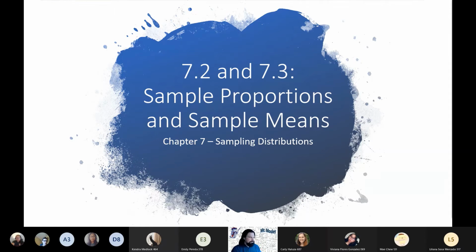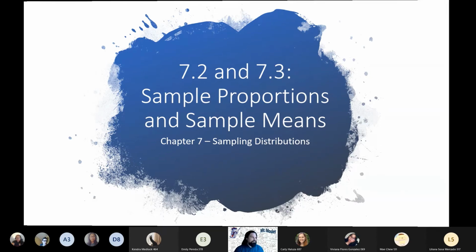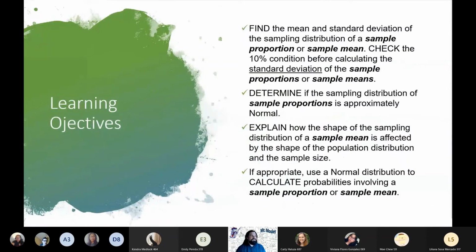All right, so sections 7.2 and 7.3, that is on sample proportions and sample means in chapter 7 about sampling distributions. And our goals for today is to be able to find the mean and standard deviation of the sampling distribution of a sample proportion or sample mean, and check the 10% condition before calculating the standard deviation of the sample proportions or sample means.